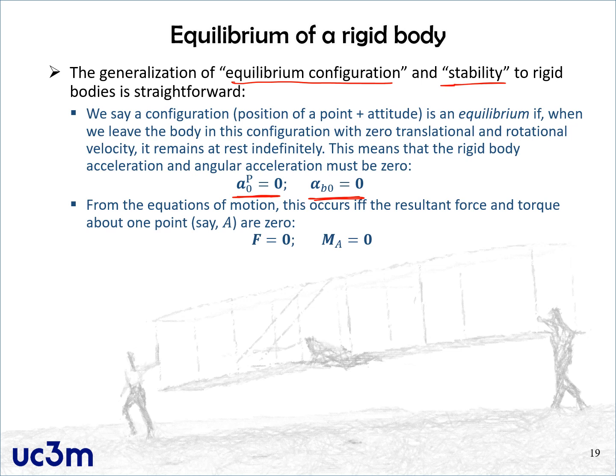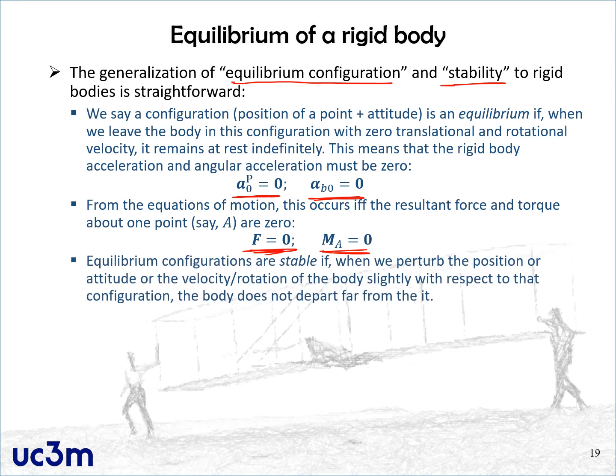Of course, if we look at the equations of motion that we have defined in this video, the condition that the acceleration is equal to zero and the angular acceleration is equal to zero can be expressed as the condition on the resultant force and the resultant torque about any one point, for example, a point A, be equal to zero. If the resultant force and the resultant torque about one point are equal to zero, they are equal to zero about any other point.